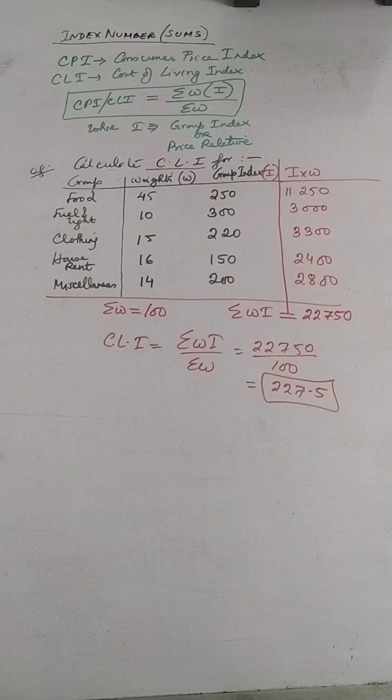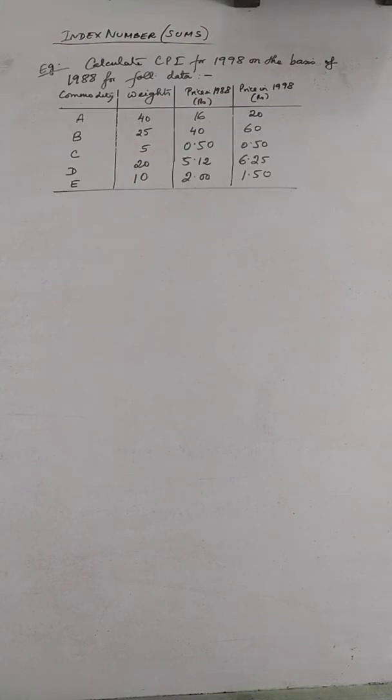If the prices had been given, then we would have to calculate for each commodity: the price relatives would have to be calculated, and then we would have to do W into I. For example, this is the question given. Calculate the CPI for 1998 on the basis of 1988 for the following data.